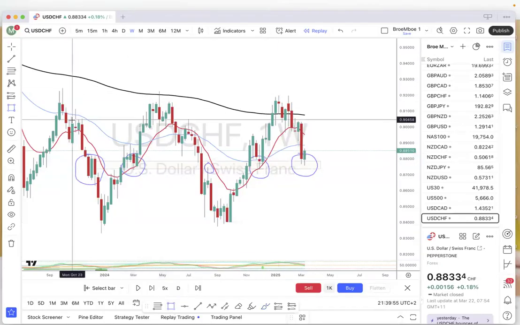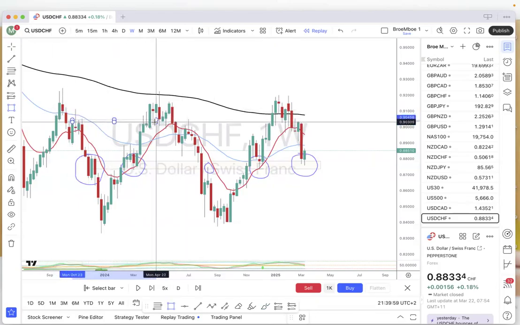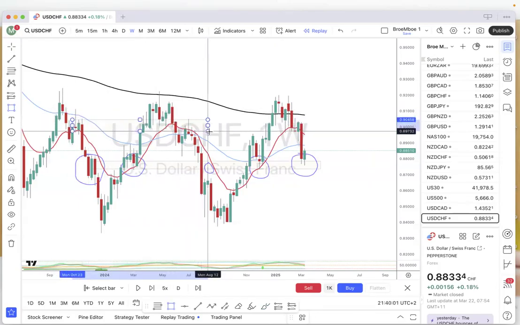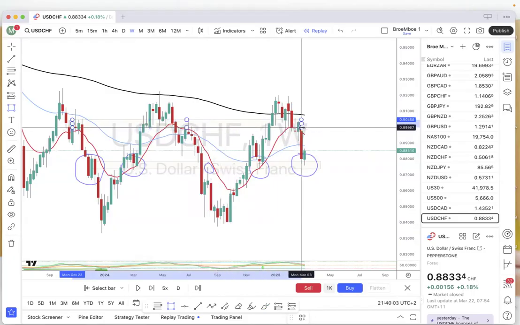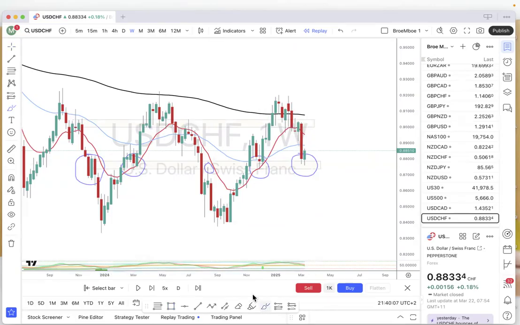Same applies if you look at this area right here. All these M's or V's that you see here have a similar shape, and that similar shape comes because price had to make a reaction there, a reaction there, a reaction there, a reaction there, and a reaction there.